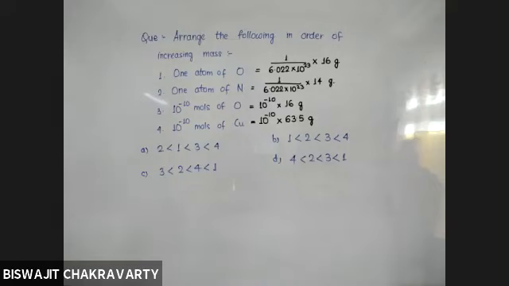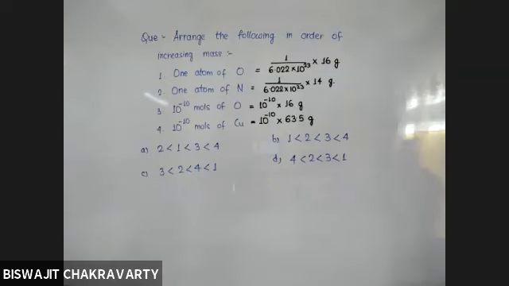Yes, sir. Now, if 4 is the highest, option number A and B have 4 highest. After 4, who is the next highest? Oxygen. No, option 1, 2, 3, 4. You tell me in that. Oxygen has two. 4 is highest. 4 or after that which one? Number 3.